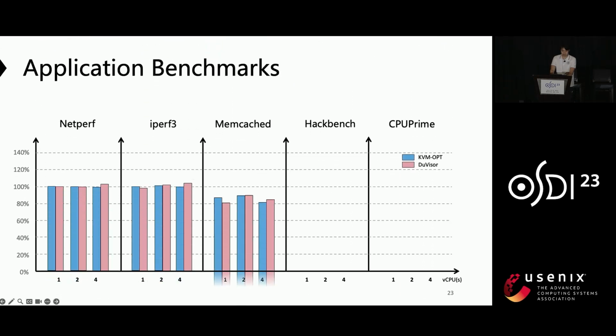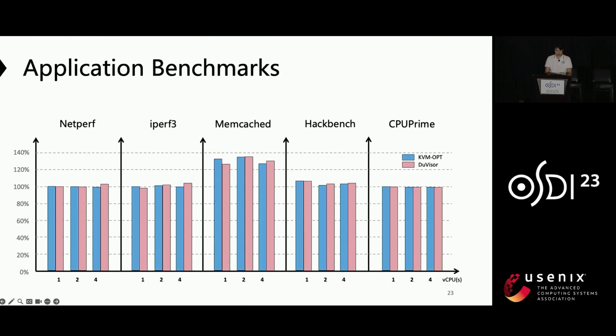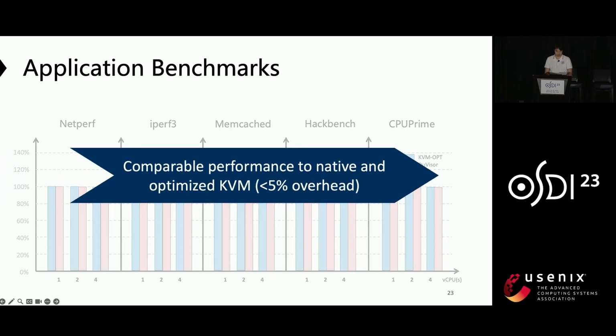In application benchmarks, Divisor's performance is comparable to the optimized KVM and the native machine on most applications except for memcached. However, we compared KVM with native on other architectures and got similar results. So from the results, we can see that Divisor's performance is comparable to the optimized KVM and very close to the native.